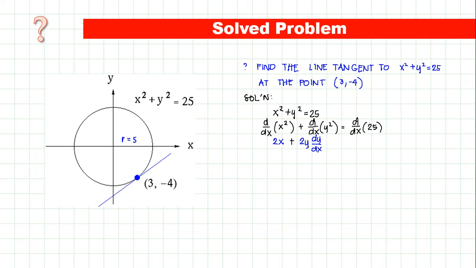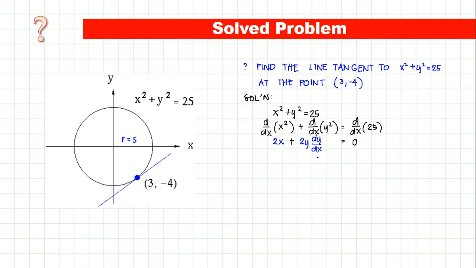Ito ang ginamitan natin ng power formula, yung y squared. So, binaba natin yung 2, tapos y ulit, tsaka natin i-multiply dun sa kanyang derivative. Okay? So, it is now equal to, ano ang derivative ng 25? So, constant yan. So, that will be 0.